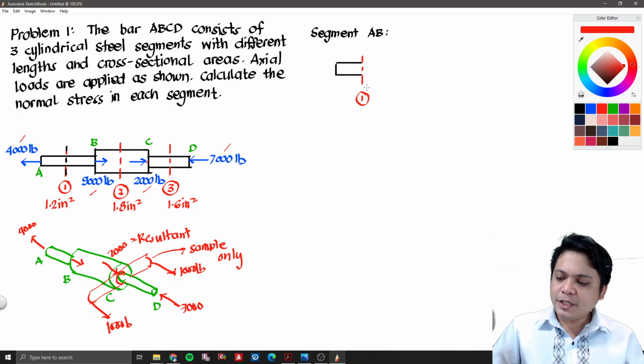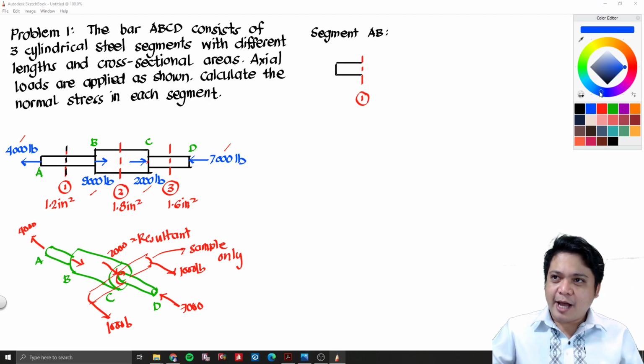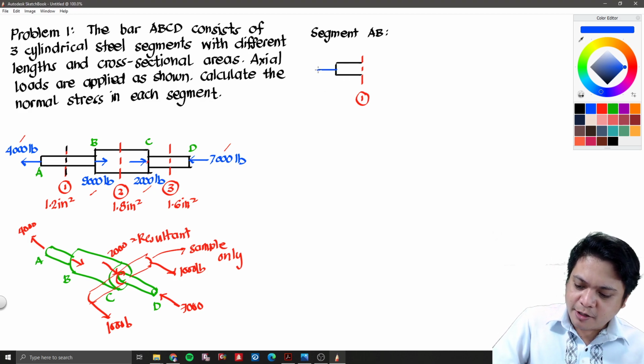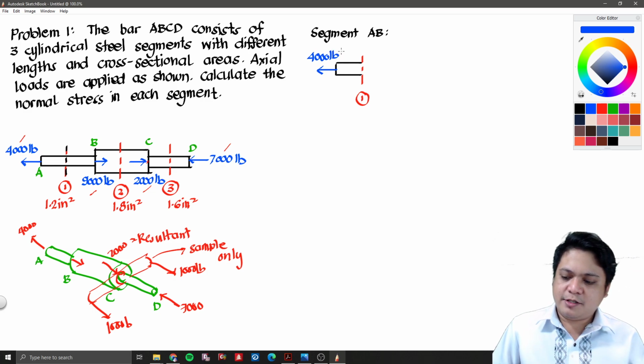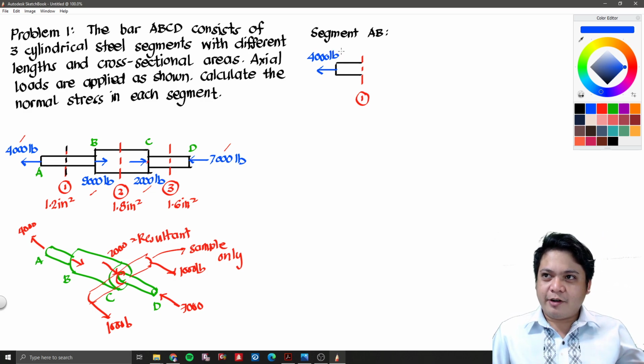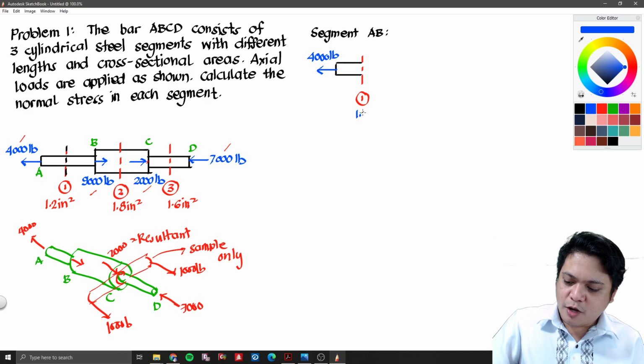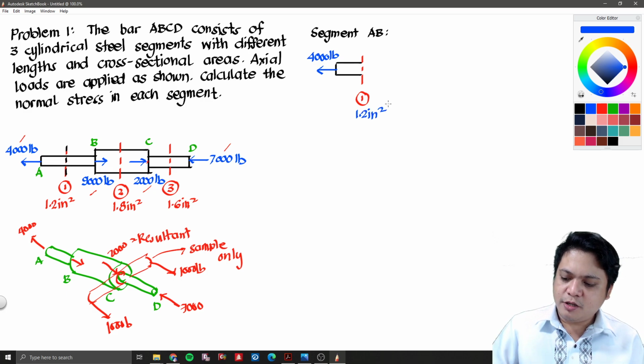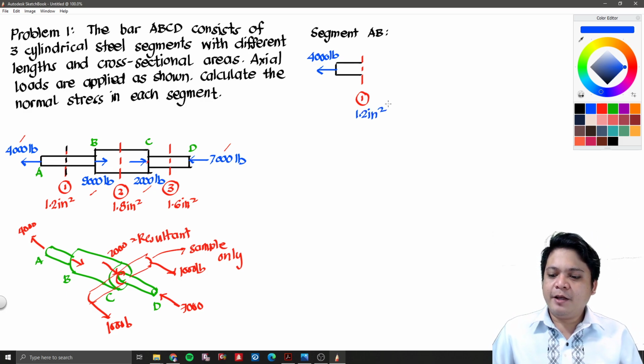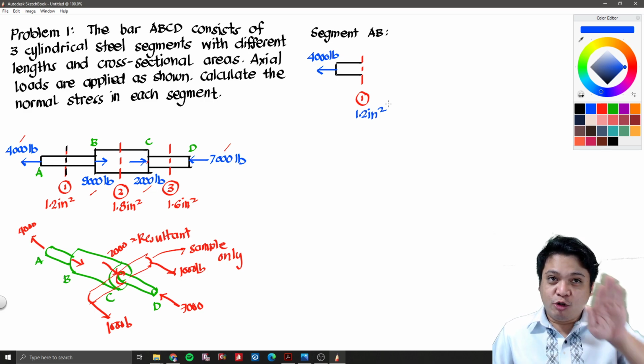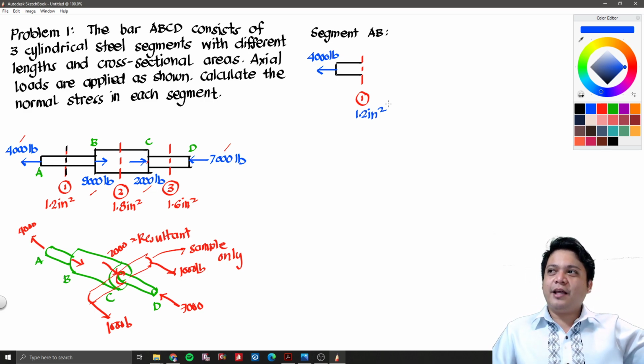Okay? So, ilalagay ko lahat ng forces. So, dito, meron ako ditong force na 4,000 pounds. Okay? Pinili ko yung kabilang side. Again, this is around 1.2 inches squared. Okay? Now, wala nang ibang forces dun sa left side ng cutting plane.